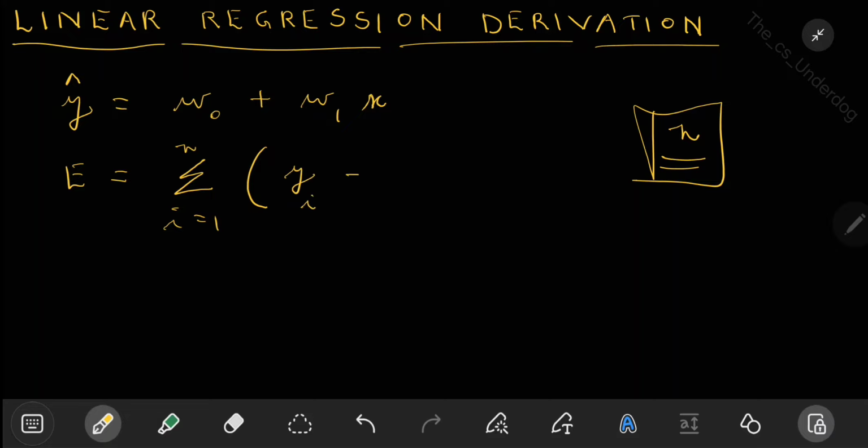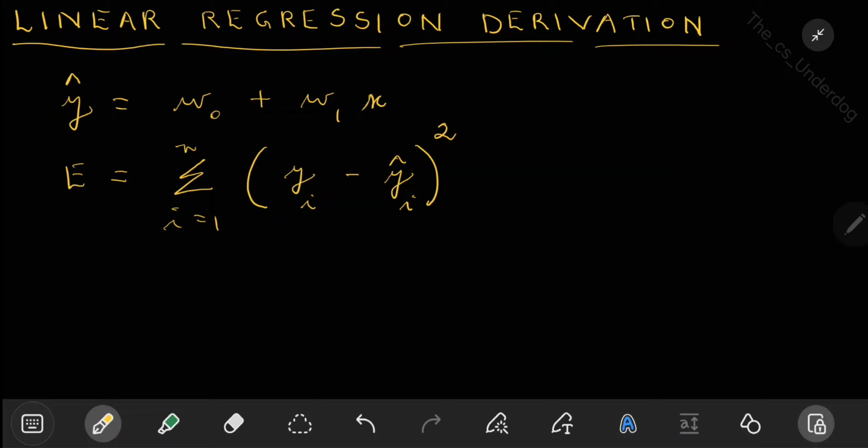So yi minus yi cap. So I'm taking each of the observation as ith observation. For ith observation, what is the difference between y, which is the actually observed target, and y cap, which is the predicted target? Okay. This square. So now this becomes sum of squares error, right?